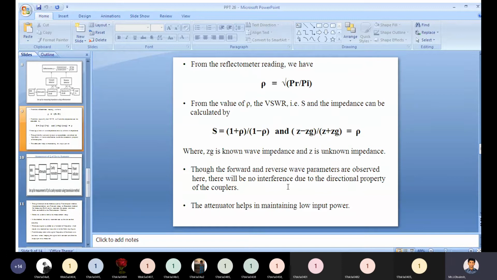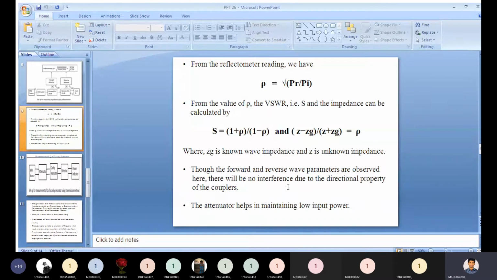From the reflectometer reading, we have rho equals the square root of reflected power divided by incident power.